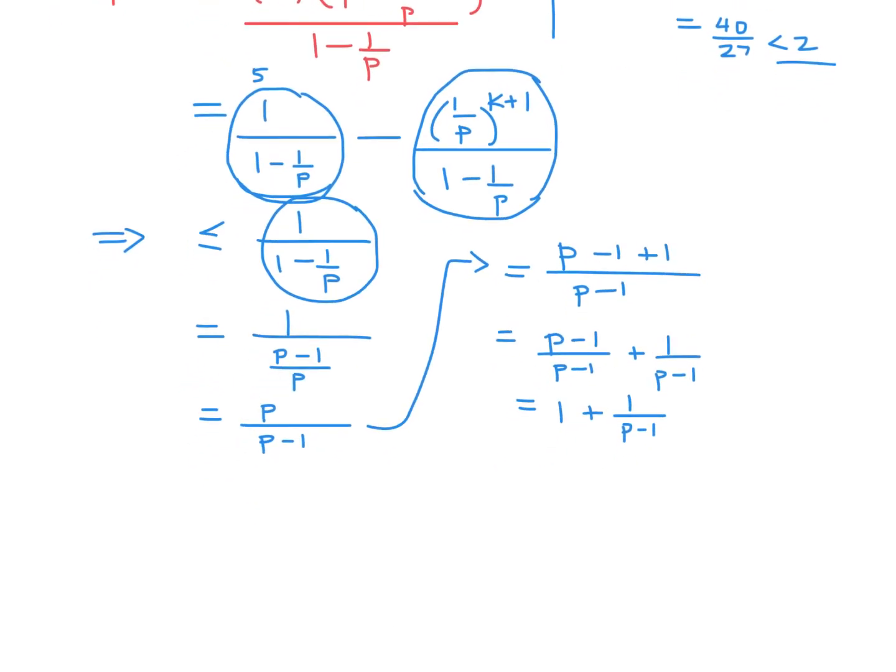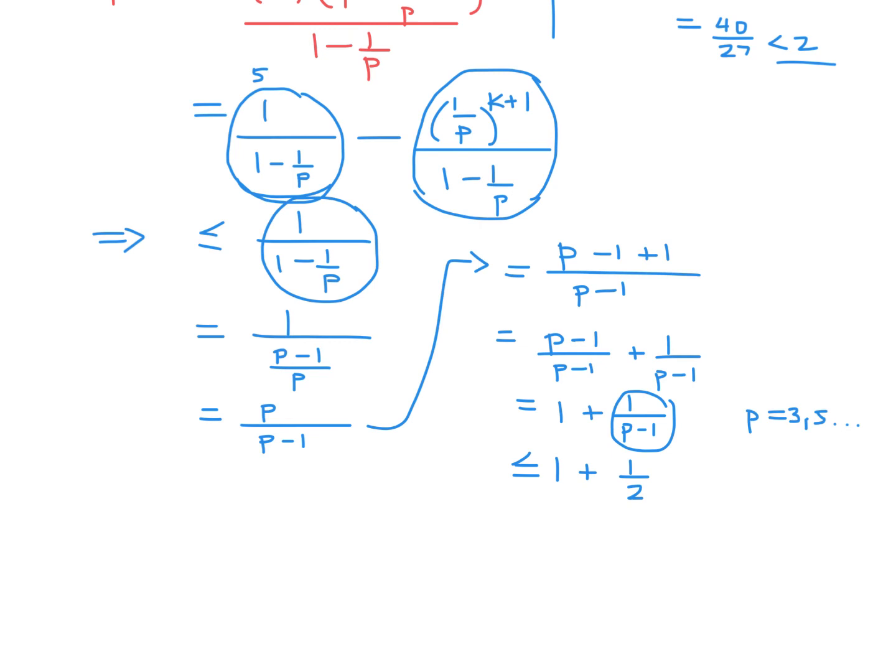1 over this guy right here, since p is a prime number that is odd, it's going to be either 3, 5, and so on, then we can clearly say that that's going to be less than or equal to 1 plus a half. Because if it's 3, it would be 1 over 3 minus 1, which is 2.